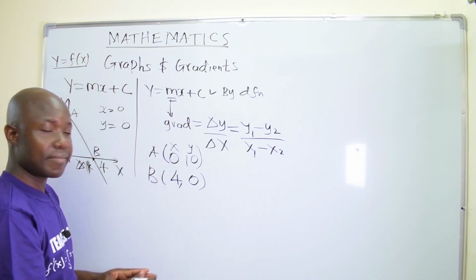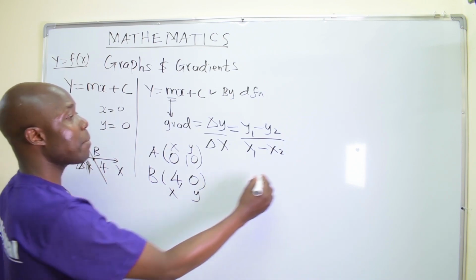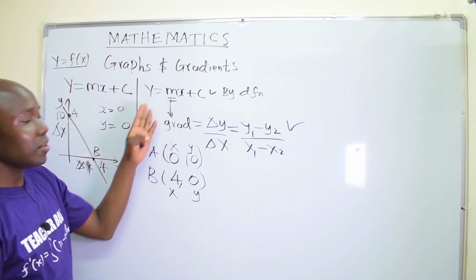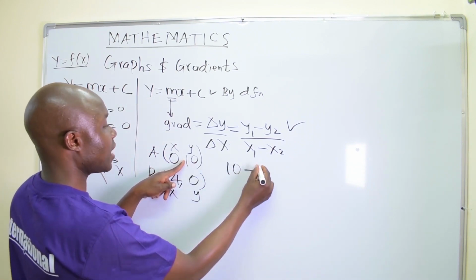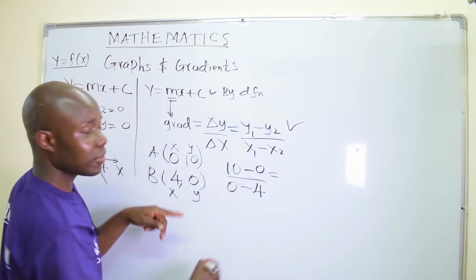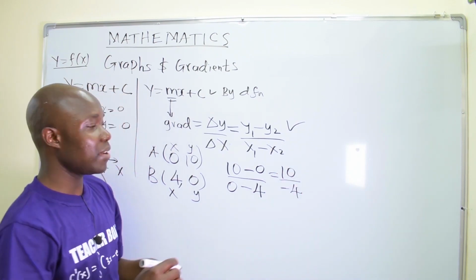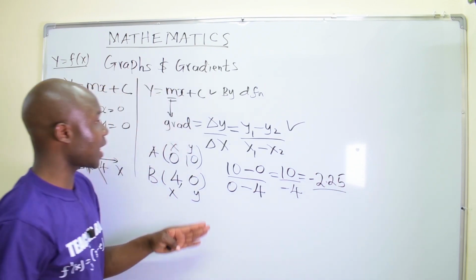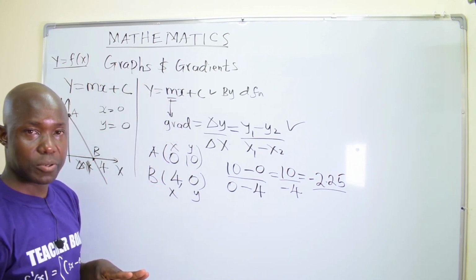So you decide the first pair stands for x, then y. Then going back to the definition, change in y over change in x gives you the gradient. You may start from the top: 10 minus 0 over 0 minus 4. So 10 minus 0 is 10, then you get negative 4, which simplifies to negative 2.25 to be the gradient of that line. So it's important to know it from the definition.